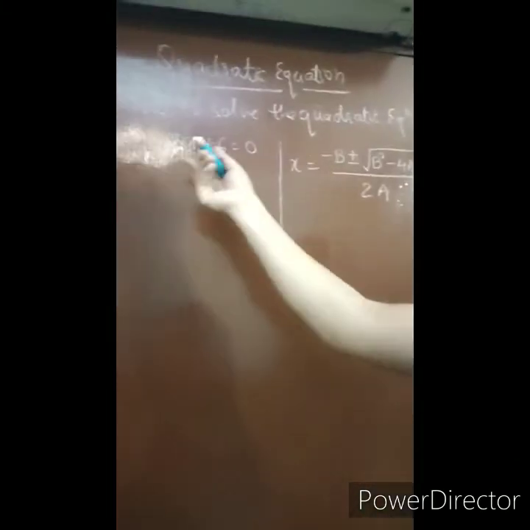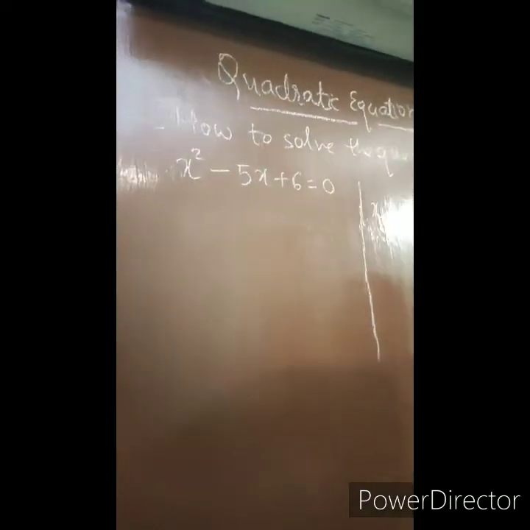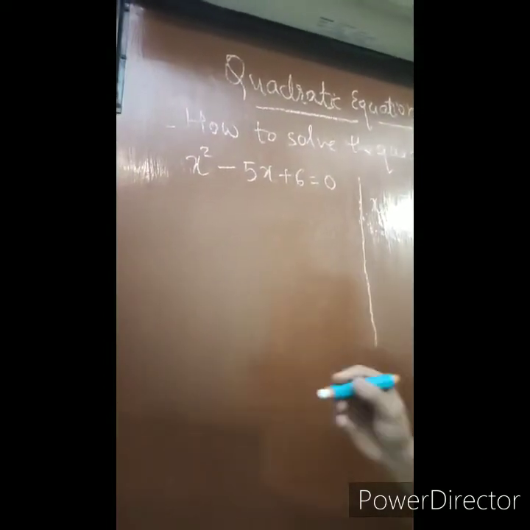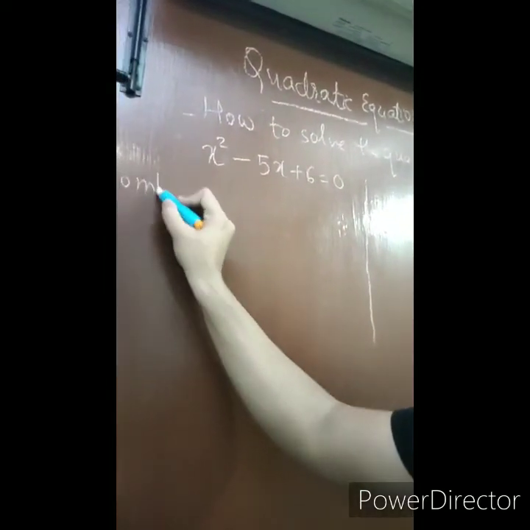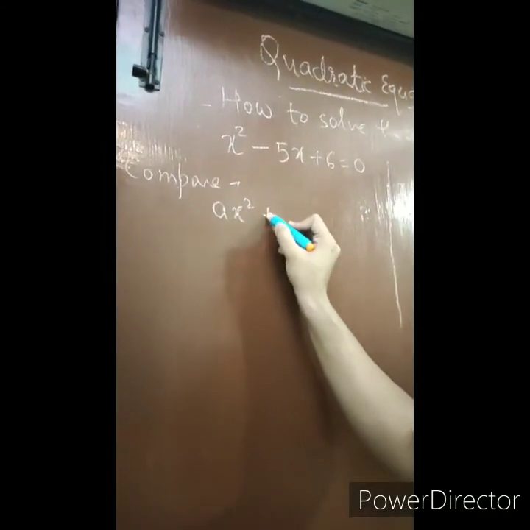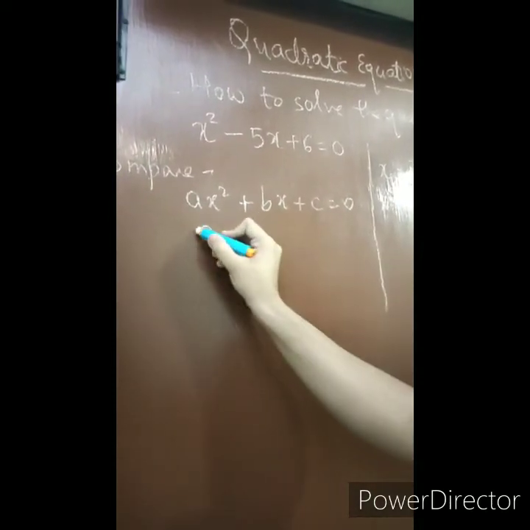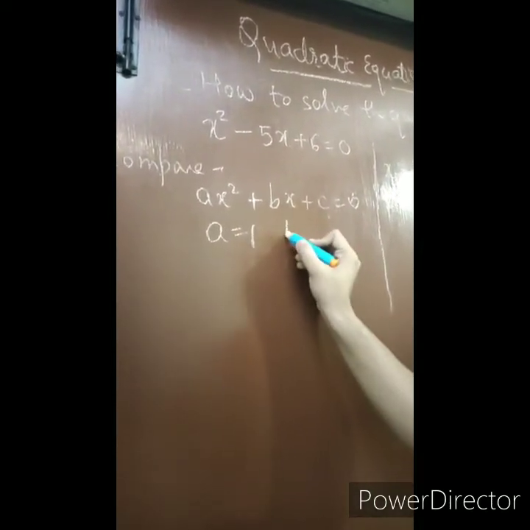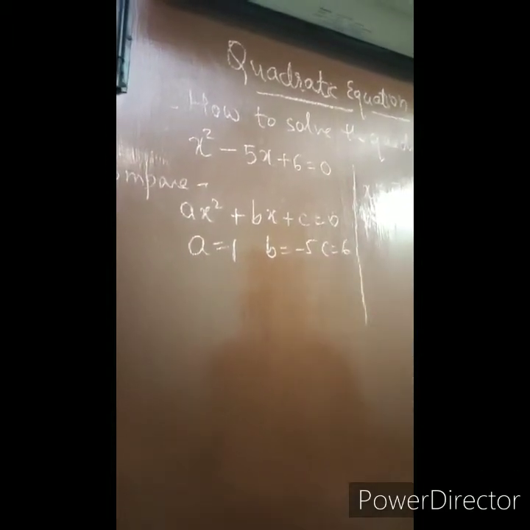Here a, b, c are the coefficients of x square, x and the constant term, same as before. So now get the values of a, b, c. Compare the equation with ax square plus bx plus c equals 0. You get a equals 1, b equals minus 5, c equals 6.